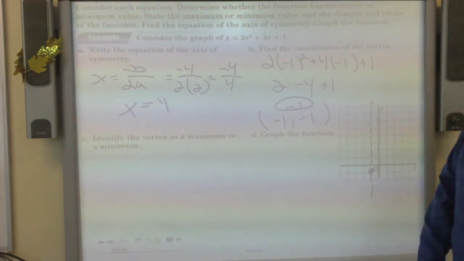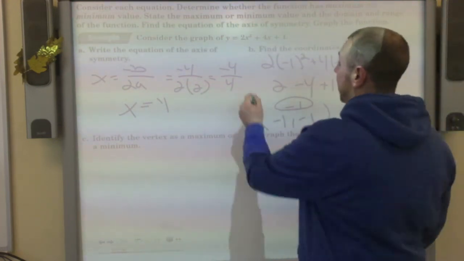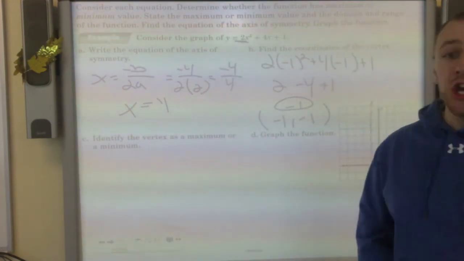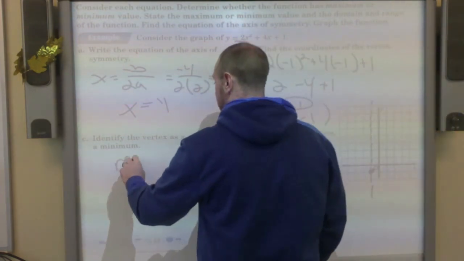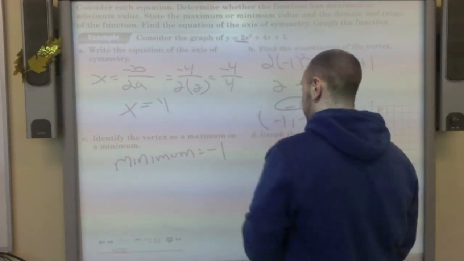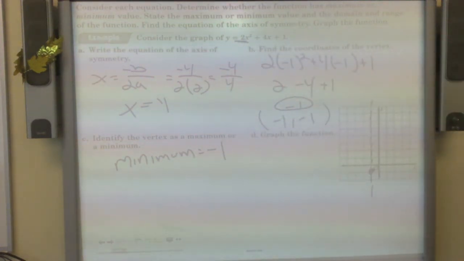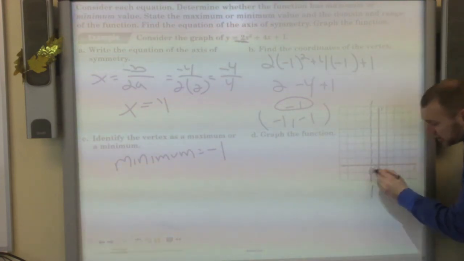Now, identify the vertex as a maximum or minimum. Again, my a is a 2, so it's positive, so it's going to be a minimum value at negative 1. And then here comes the trick with graphing the function. I only currently have 1 point.